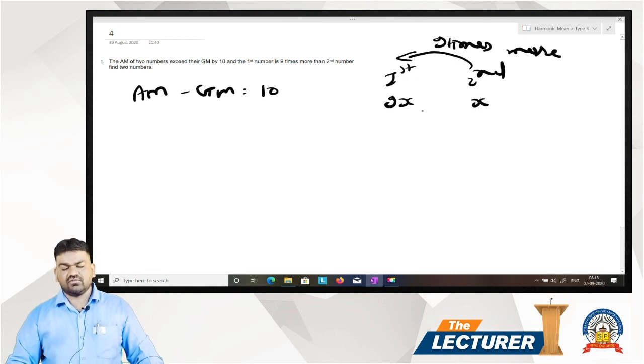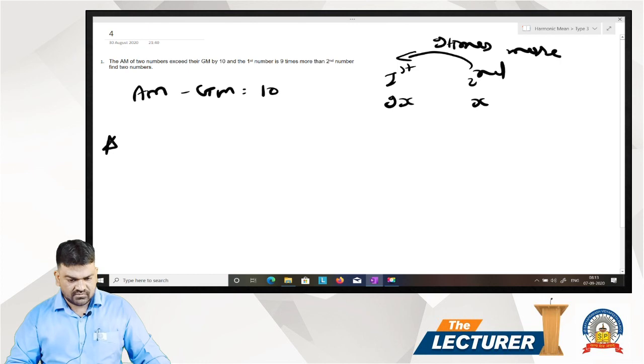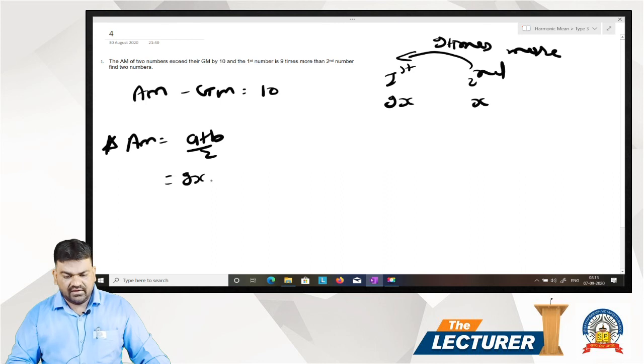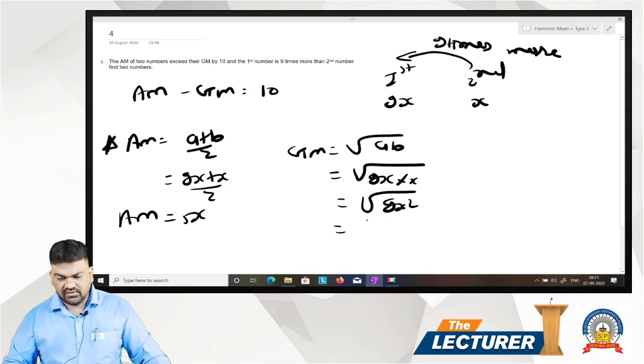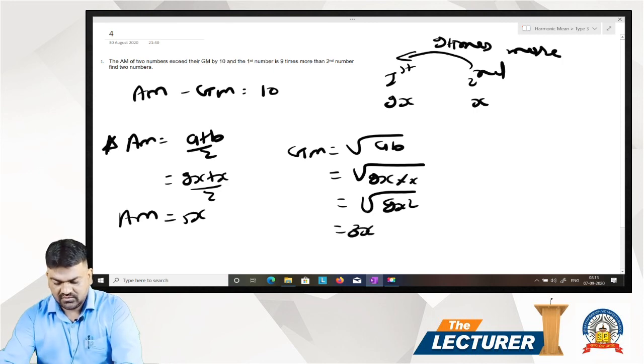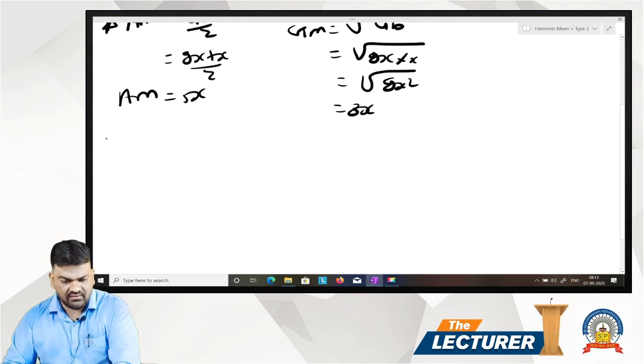If the second number is x, then the first number will be 9x. Now a plus b divided by 2, 9x plus x by 2, 5x. GM, under root ab, under root 9x multiplied by x, that is 9x square, that is 3x. Now AM minus GM is equal to 10. 5x minus 3x is equal to 10. 2x is equal to 10.